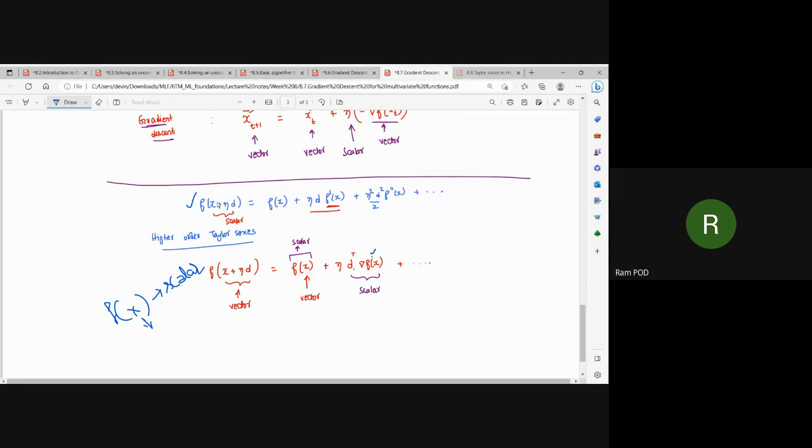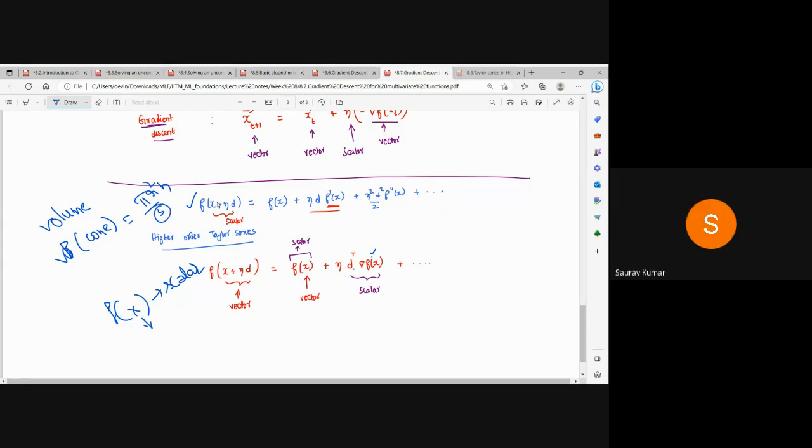If you look at the volume of a cone, what is it? Volume of cone, V of cone, is pi r square h by 3. Am I correct? Pi r square h by 3, right?